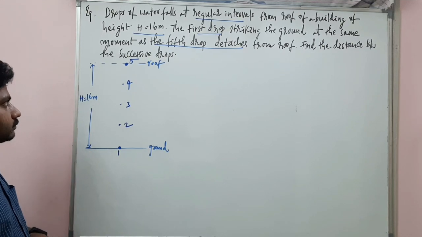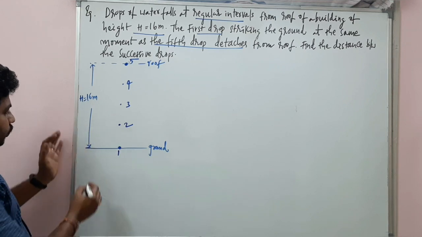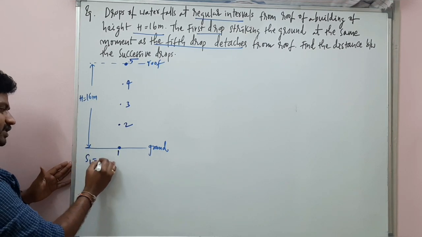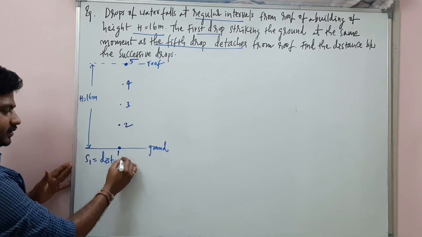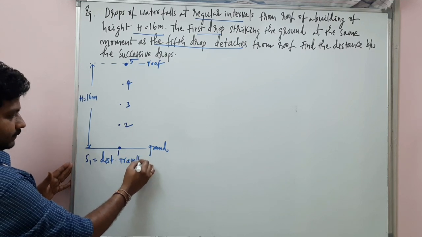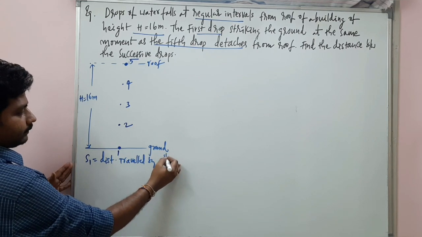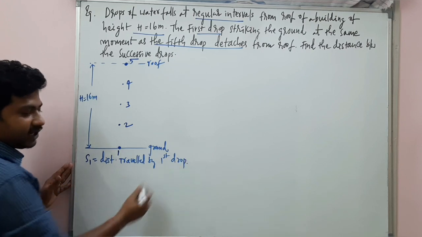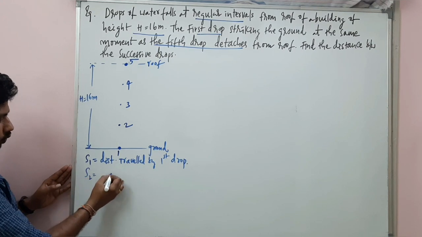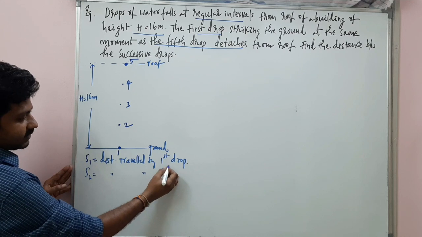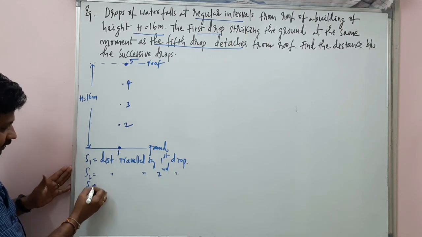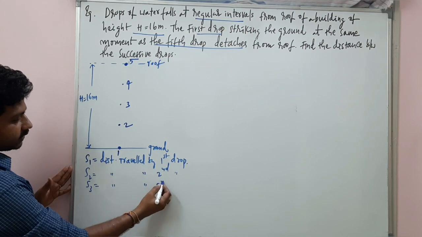Now, S1 is the distance travelled by the first drop. In the same way, S2 is the distance travelled by the second drop. S3 is the distance travelled by the third drop.